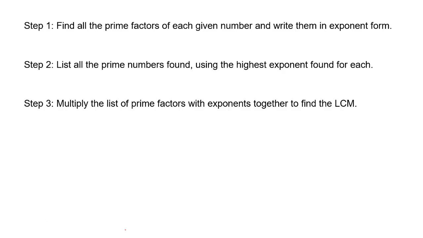Step 1 is to find all the prime factors of each given number and write them in exponent form. To find the prime factors of 30, we use the simple prime factorization method that we all know from school. We start from the smallest prime, 2, and see if 30 is divisible by 2. So 2 into 15 is 30.